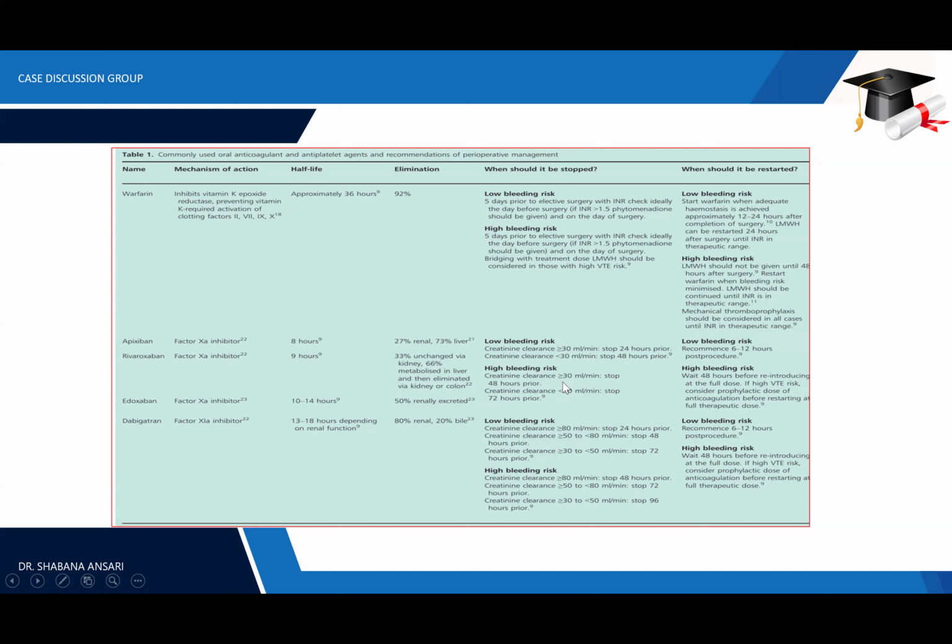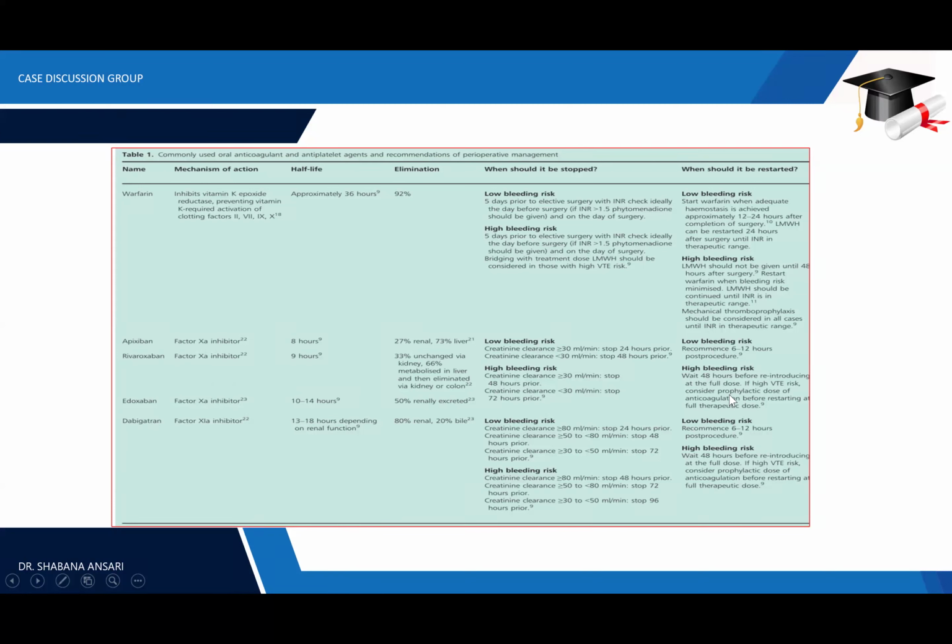So if the creatinine clearance is normal, 30 ml or more, we will stop these medications 48 hours before the surgery. But if creatinine clearance is less than 30, we will stop 72 hours prior to the surgery. When do we restart? Now, there is a high bleeding risk, so we have to wait at least 48 hours before starting these medications at full dose.